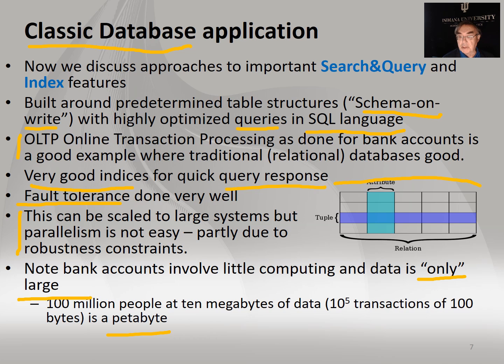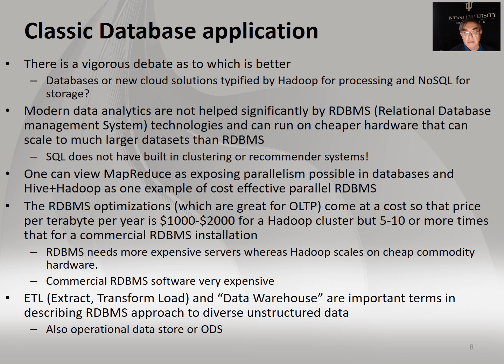This picture here shows the classic table structure studied in databases. Of course, if you look at the past few years, there's been a great debate between the database community and the cloud community about traditional approaches to databases, or the MapReduce approach, which often uses NoSQL like HBase for storage.